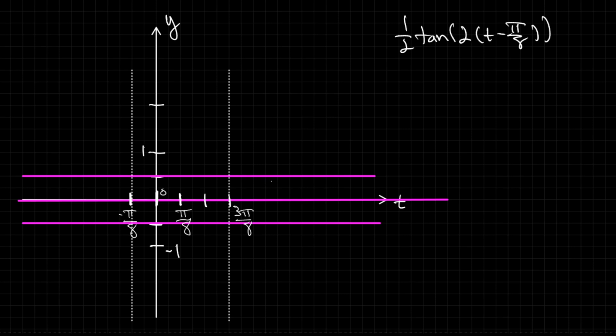And so now I'll note that there's no reflection here, so we're not going to start at the top line. We're going to start at the bottom, and we'll fill in our points at the bottom line, midline, then upper line, and then we'll draw in the shape of our tangent curve. So it will look something like this.